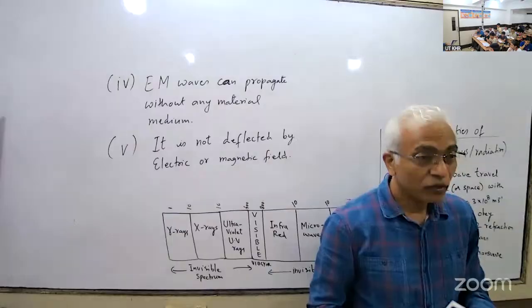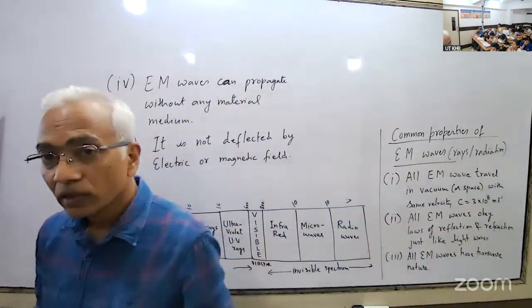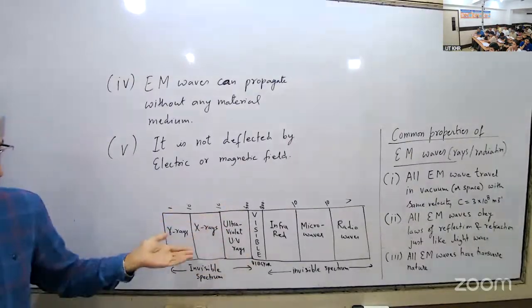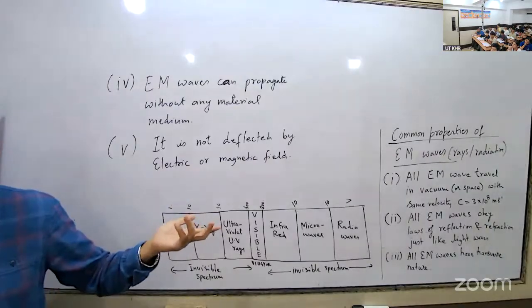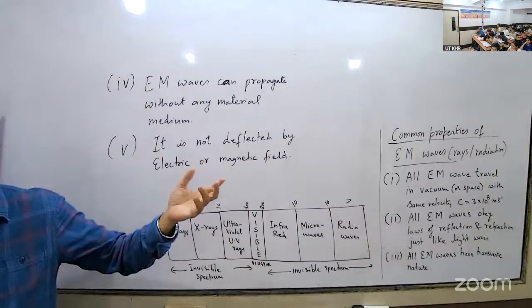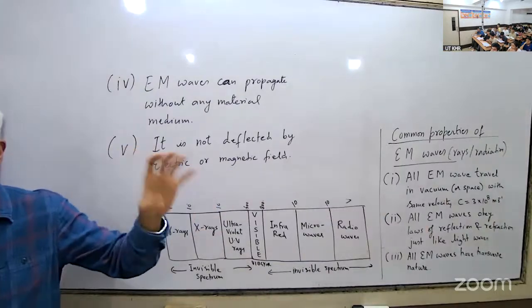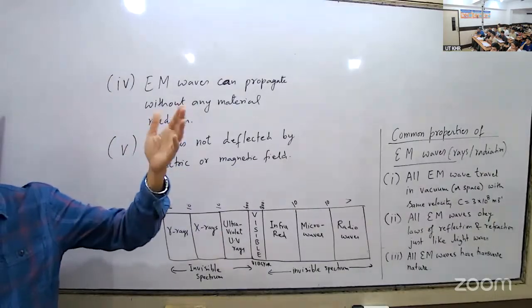And gamma rays are also found in cosmic rays. Now, what are cosmic rays? Here we are studying the spectrum of the sun. Now, the sun is not the only luminous body in the universe. There are so many luminous bodies, stars, etc., all emitting electromagnetic radiation. So the cosmos or the universe is full of such radiation.